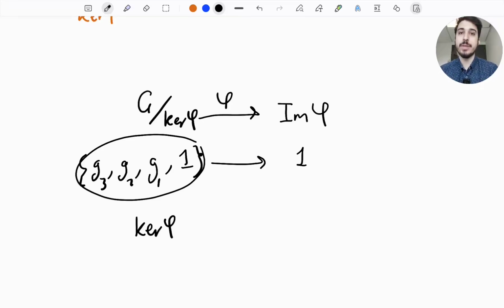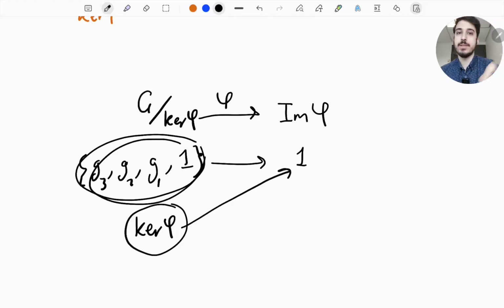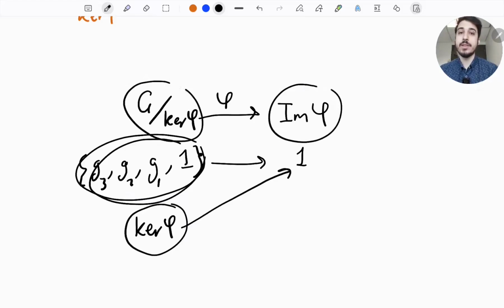We have a group with the operation that is induced from the original group operation. So this process of collapsing essentially preserves the structure of G. So not only do we preserve the structure, we ensure that a single element, ker of phi, is mapped to the identity, not several elements. So this means now that our new map from G/ker phi to the image of phi is both injective and surjective, making it an isomorphism.